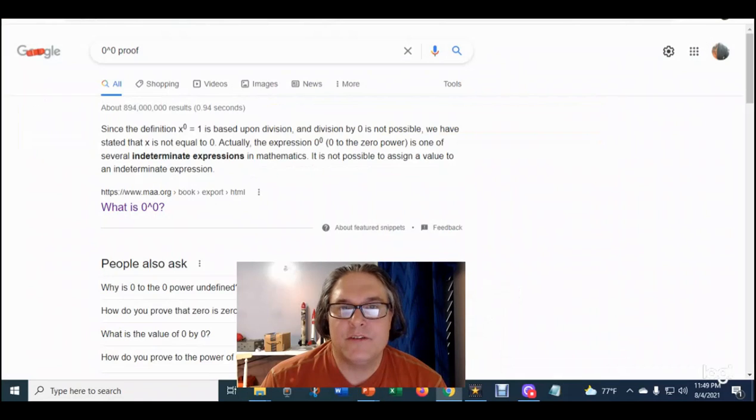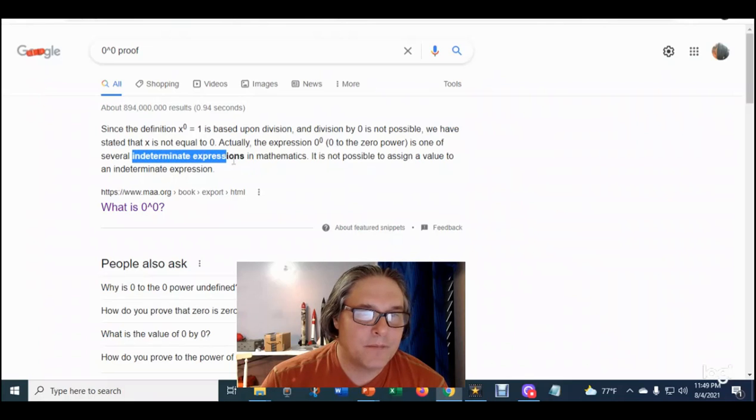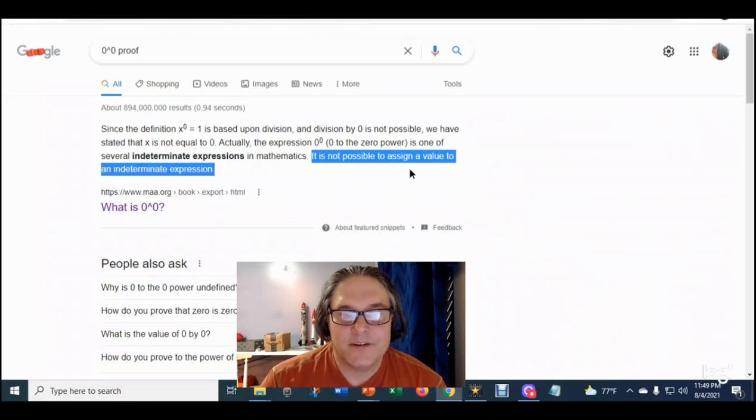All right, if you were to go to Google and type in 0 to the power of 0 proof, you would undoubtedly come across a lot of complicated mathematical proofs. You also see that they refer to 0 to the power of 0 as an indeterminate expression, and with those, it is impossible to assign a particular value to them.